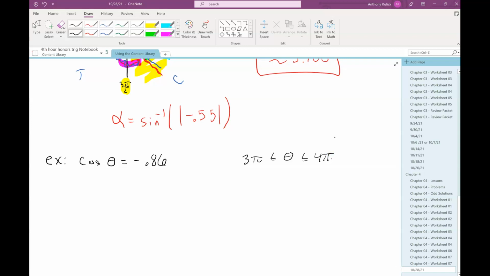So let's say we want to find cosine theta equals negative 0.86, where theta is between 3 pi and 4 pi.